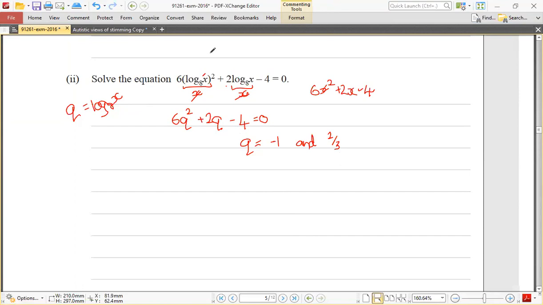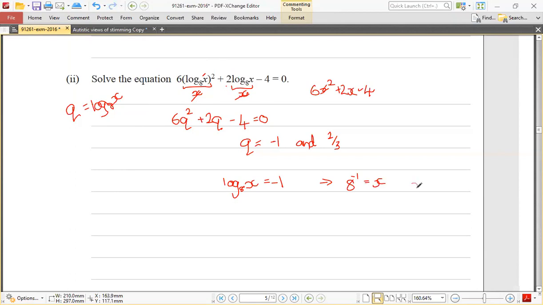Put it in where you've written q equals log 8x. So it's going to be log 8x equals -1. And that means that 8 to the power of -1 equals x.